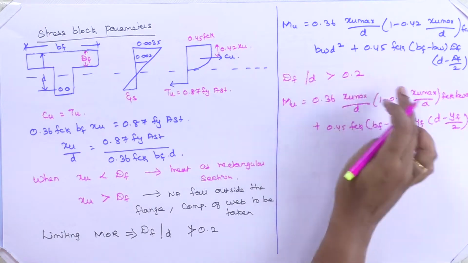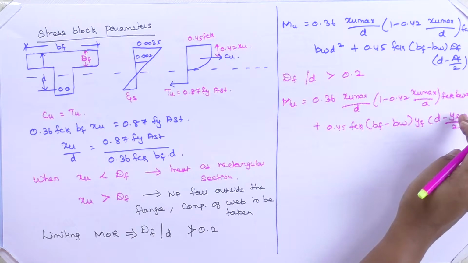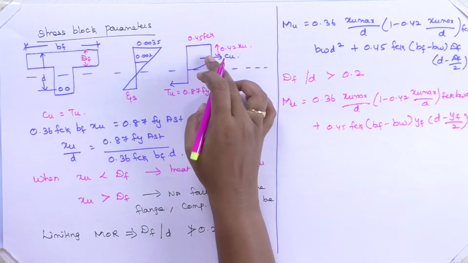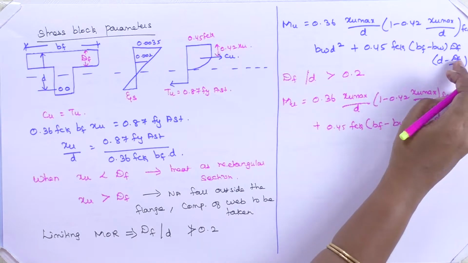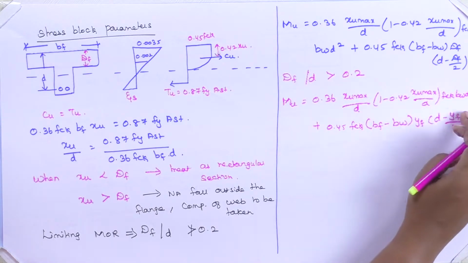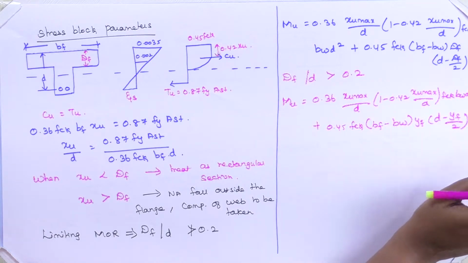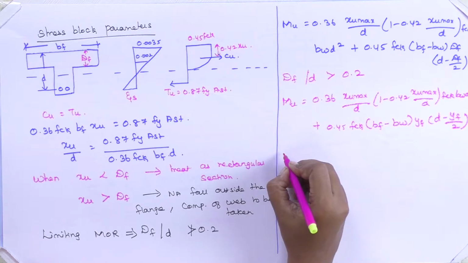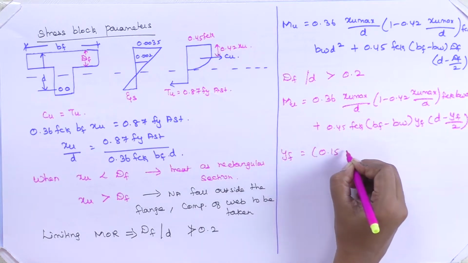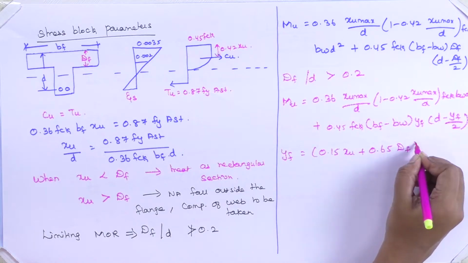When it is greater than 0.2, I need to take the depth of the flange, that is, the centroidal value of the flange, below the neutral axis, which is the YF value. Then how to calculate YF? YF is equal to 0.15 XU plus 0.65 DF.